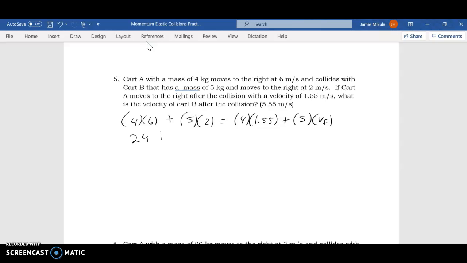Over here you have 24 plus 10 equals 4 times 1.55, 6.2 plus 5 VF. All right, so we have 34 over on the left side, 6.2 plus 5 VF, minus 6.2.